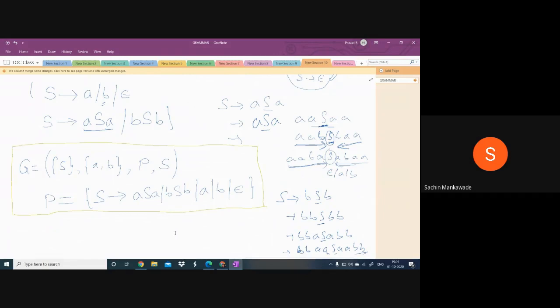Whatever I wrote in the box, this one, this is the final answer. So these are the examples. You need not copy these examples.